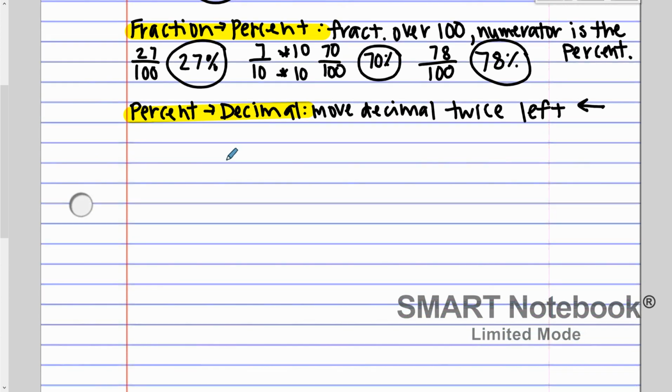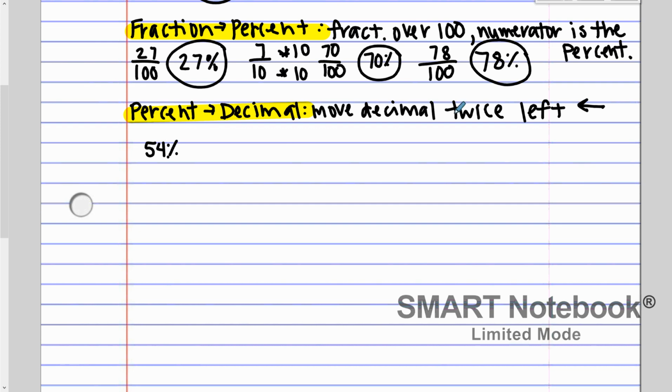All right, so let's do some examples. Here we've got 54%, starting off with a percent. Think about the number 54. Think about $54.00 or $54.50. Where is that decimal in the number 54? Well, it should be at the end of that 54, behind that 4.